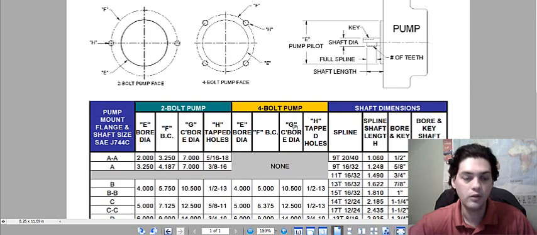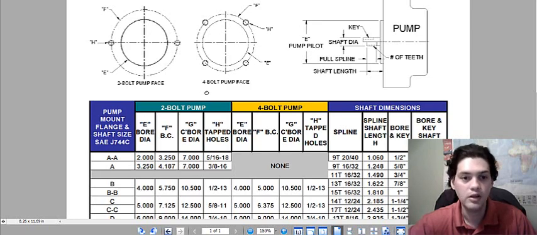And then the other one is either going to be a 2-hole or a 4-hole mount, or a 2-bolt or 4-bolt mount. To confirm it, you can measure the diameter between center to center, and you can see the pattern is pretty much the same.